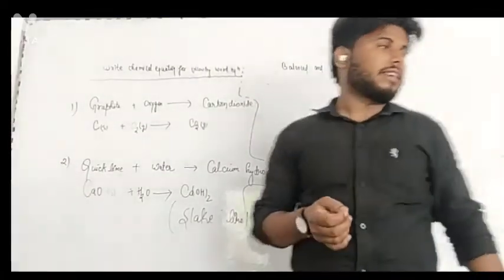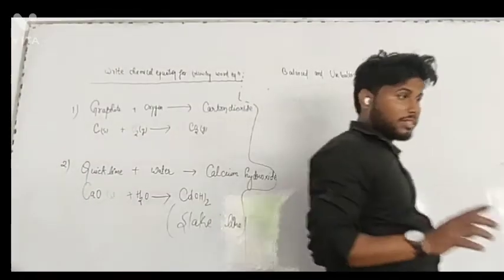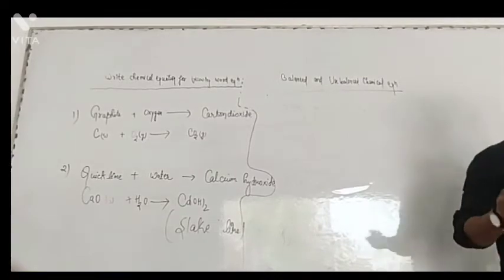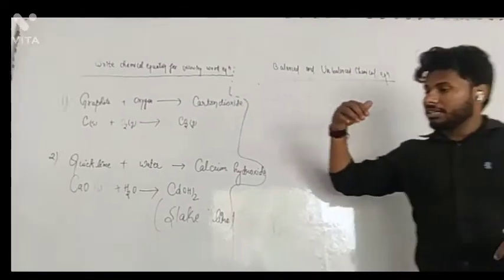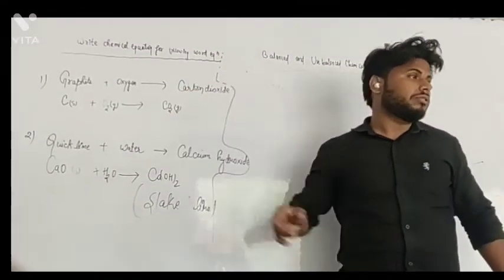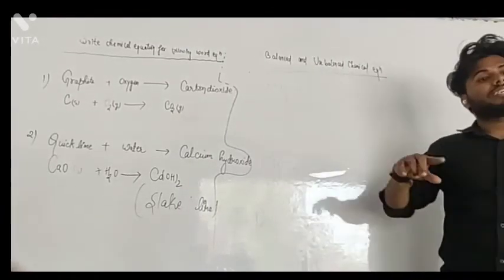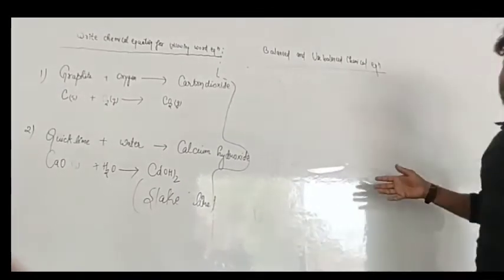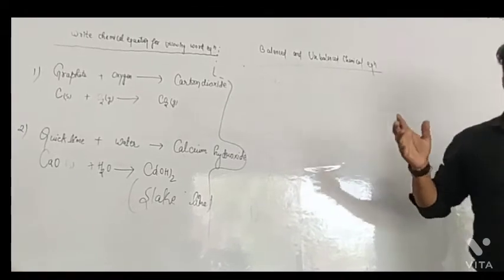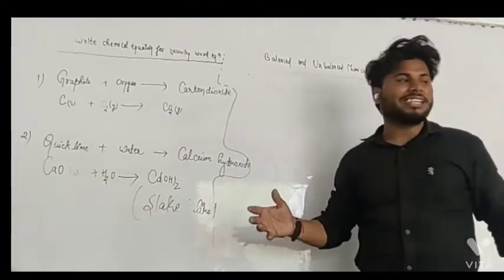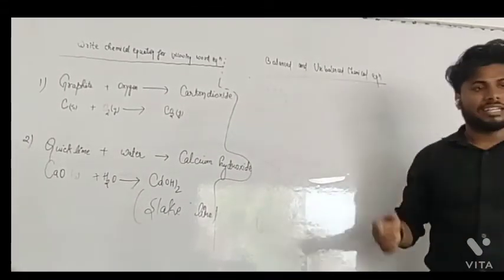That means the equation where the number of atoms in the reactant side is not equal to the number of atoms in the product side is an unbalanced chemical equation, and for this the special name given is skeletal equation.